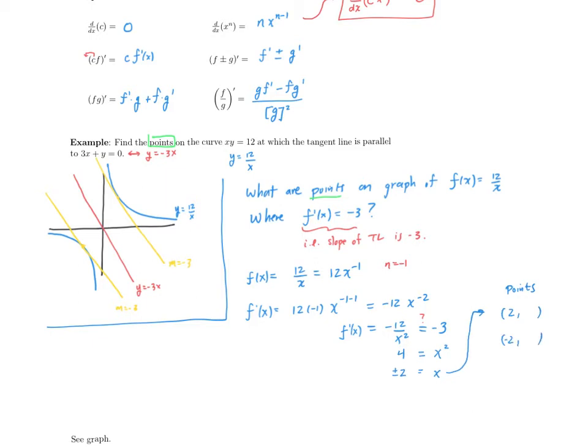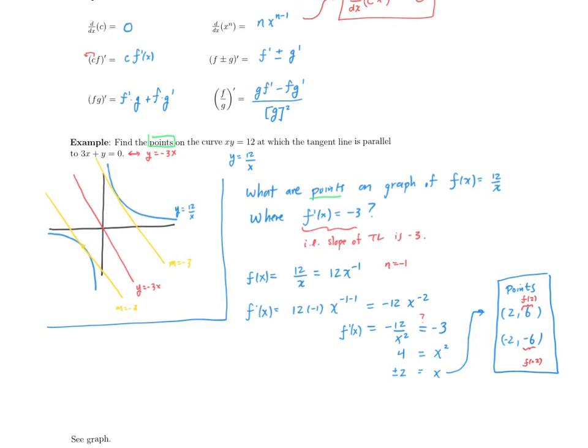If we look back at our function, when x is equal to 2, f of x is going to be equal to 6. And when x is equal to minus 2, f of x is going to be equal to minus 6. So note, the first 6 is f of 2. The minus 6 in the second point is coming from f of minus 2. And these 2 points correspond to the solution that we are looking for.